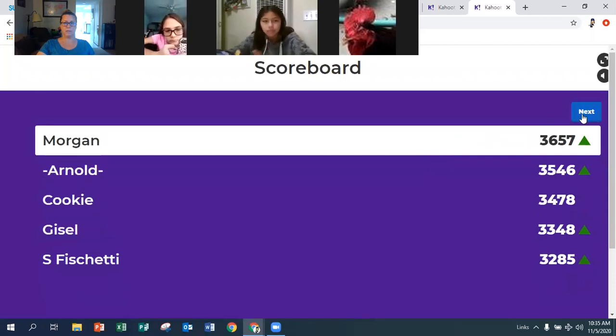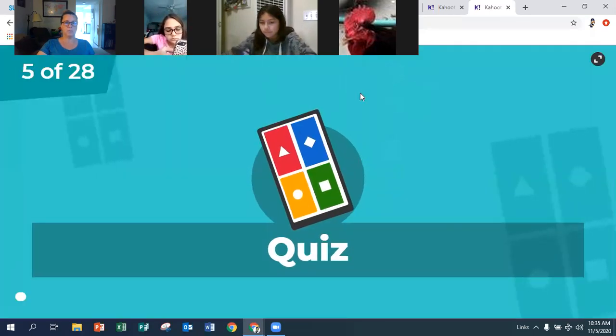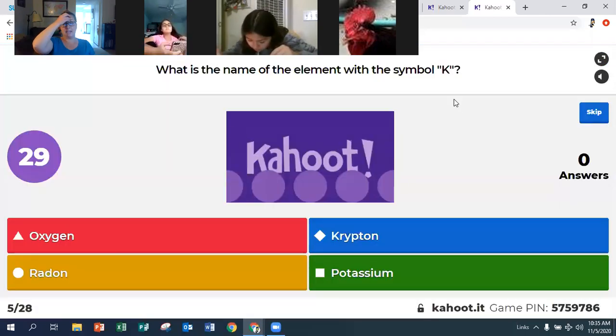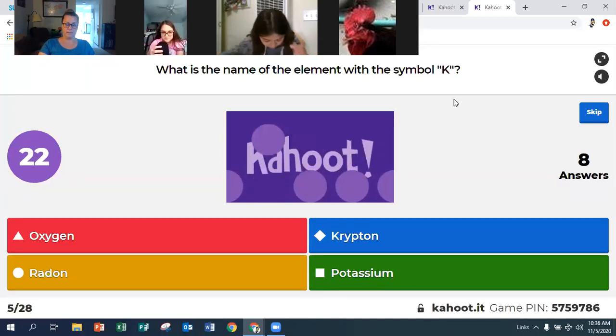Question 5. What is the name of the element with the symbol K? It is a metal. It's in group 1.